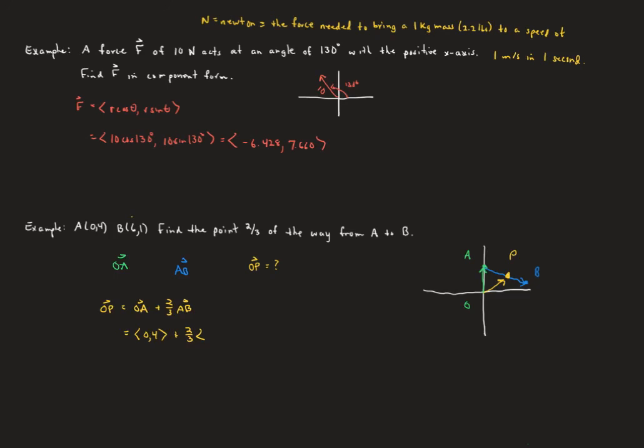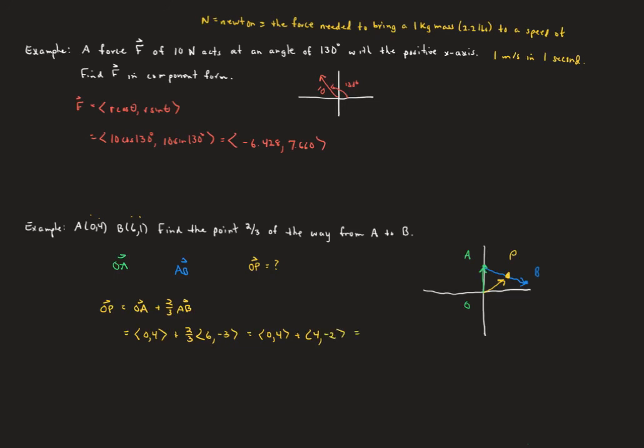So the 6 minus 0 is going to give us a horizontal component of 6. The 1 minus 4 is going to make that a -3. So in this carefully constructed problem, we have (0, 4) plus 2/3 times (6, -3). We can do that arithmetic: 1/3 of 6 is 2, times 2 makes that 4. And 1/3 of -3 is -1, times 2 is -2.